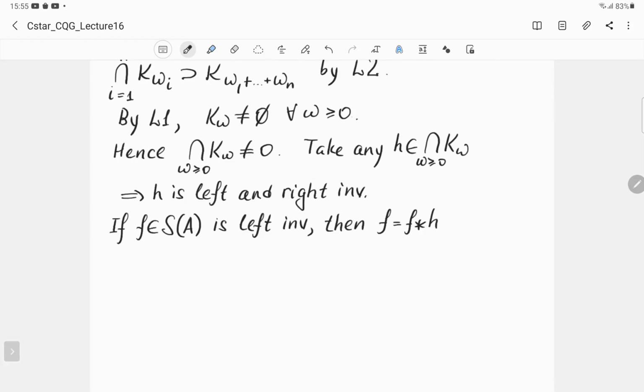But we already know that H is right invariant, and the right invariance of H gives us that this is equal to H. And so f equals H. And of course, the same argument shows that if f is right invariant, then again f equals H. So this completes the proof of our theorem, modulo Lemma Two.